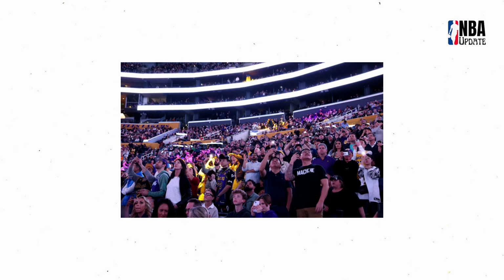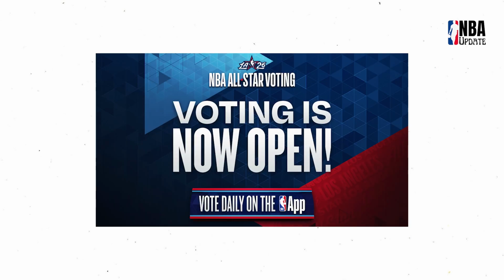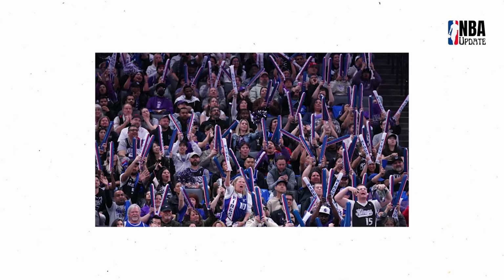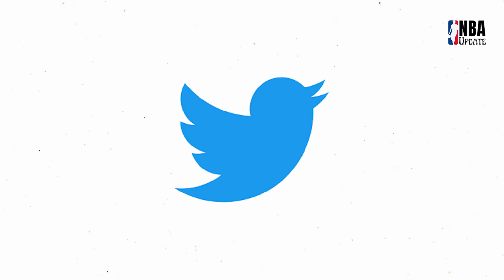How fan voting actually works. Fan voting opens several weeks before the All-Star Game and remains open until mid-January. Fans can vote once per day, per platform. The NBA allows voting through the official NBA website, the NBA app, and social media platforms like X, formerly Twitter, where tweets using specific hashtags count as votes. On special 3-for-1 days, each vote counts triple.